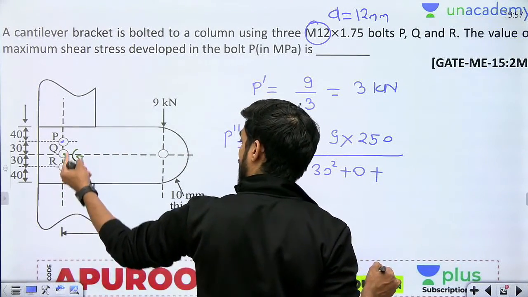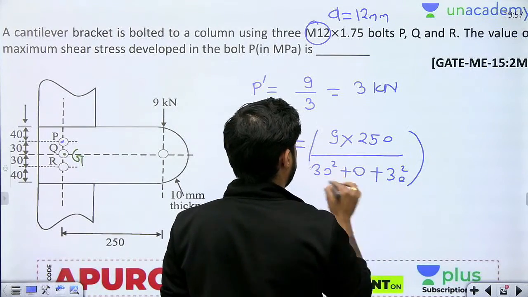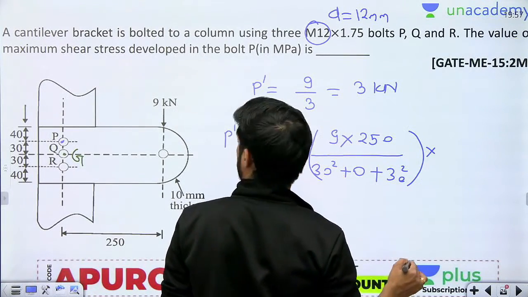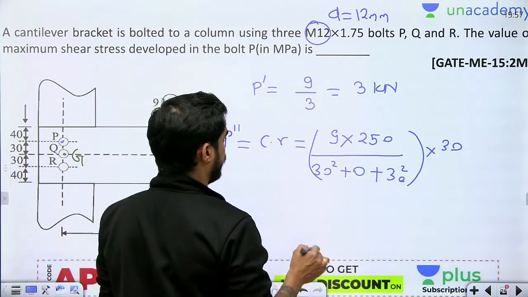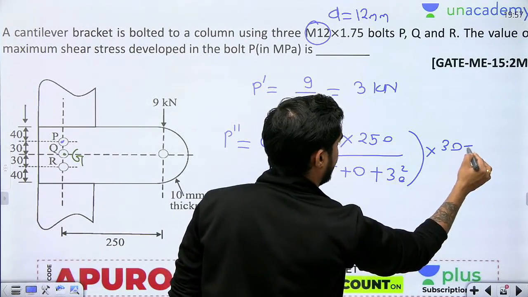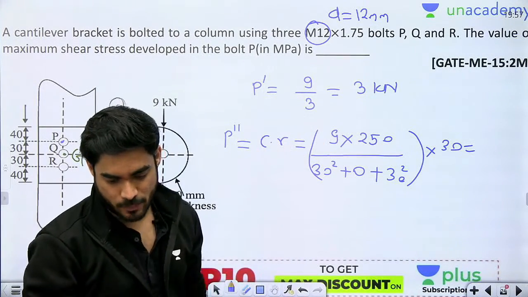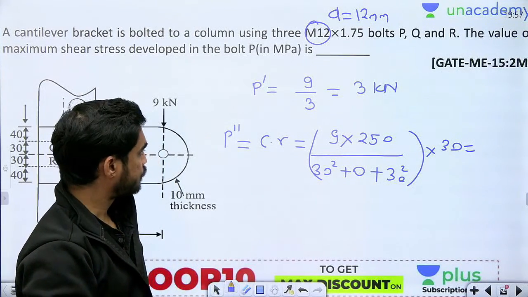R3, the distance from R to the centroid, is again 30. So this is C multiplied by R, that is 30. So what is the value of P double dash?